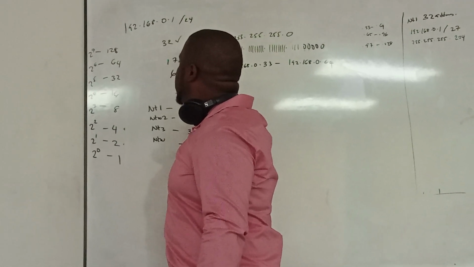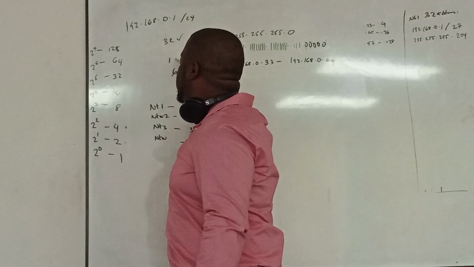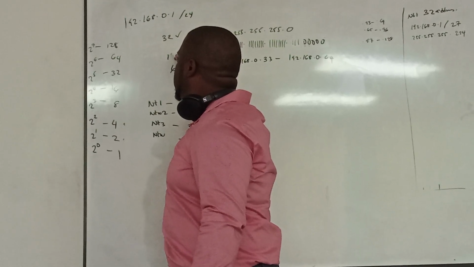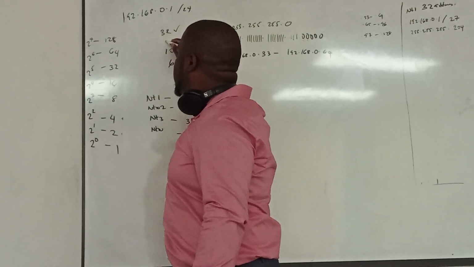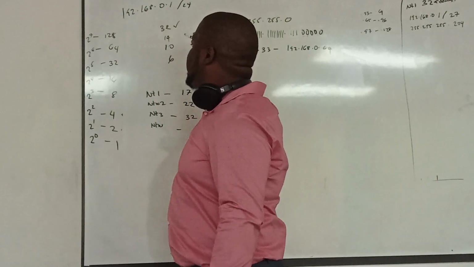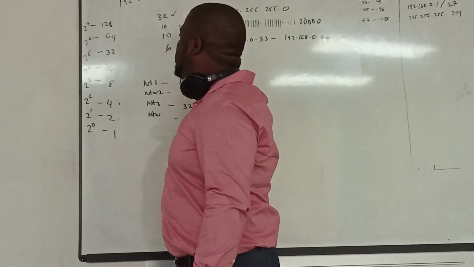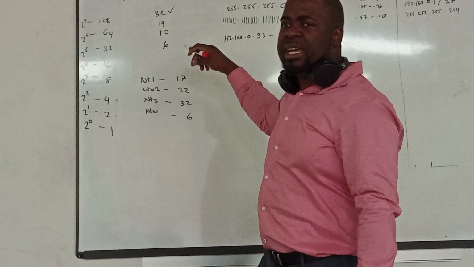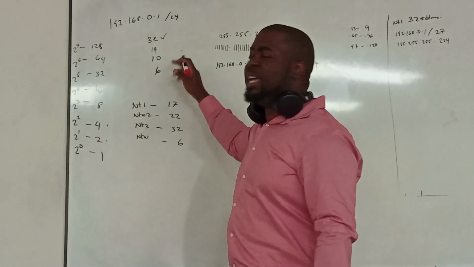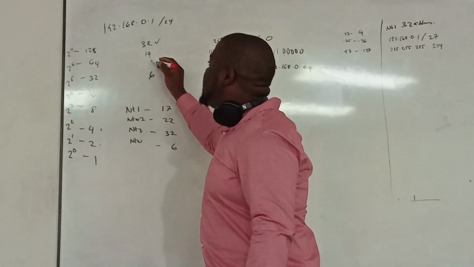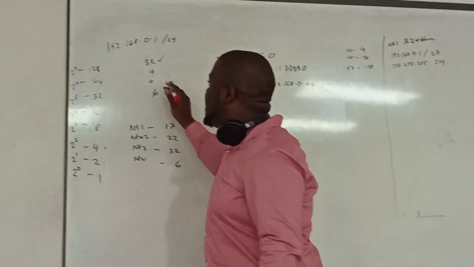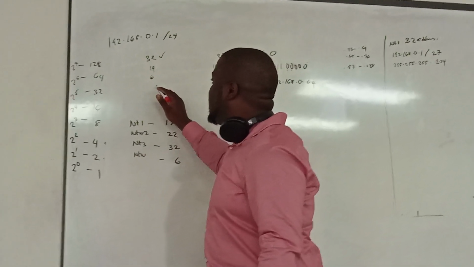Let's assume we need 10 here and 14 here. I know this is going to turn out to be the same thing. Or let's even make it simpler. Let's assume we need 6 here and we need 4 here.